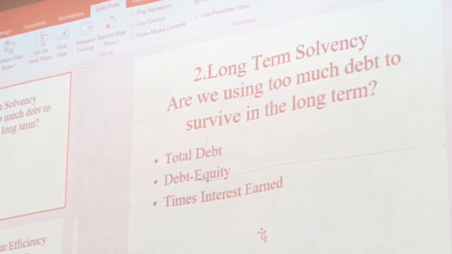When JCPenney is reporting millions and billions of dollars in losses, to be able to survive, what do they do? They borrow money. Each year they go out and borrow some more. So now the question that we are addressing is: is JCPenney using too much borrowing?